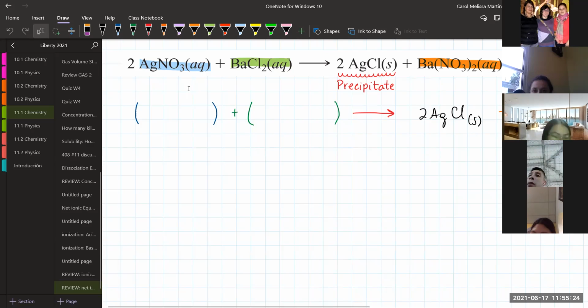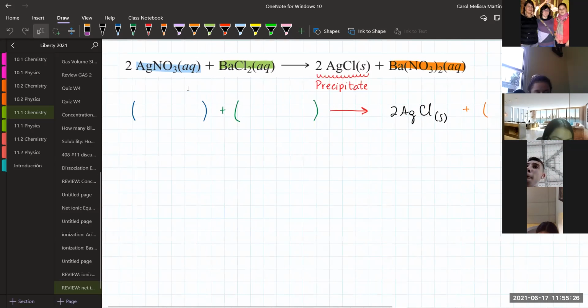So let's see. Silver nitrate. Take a look. This 2 is going to affect everything. So this gives me 2 silver ions. Silver ions have a charge of +1. And for nitrate, you also have that 2 that multiplies the nitrate, so you're going to have 2 NO3.